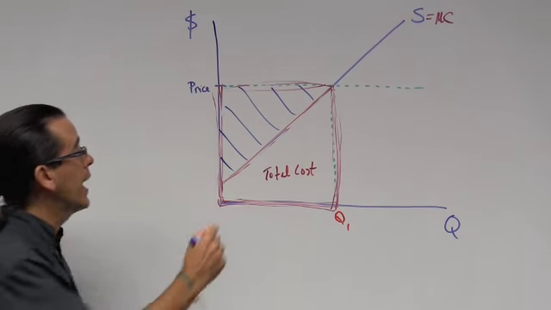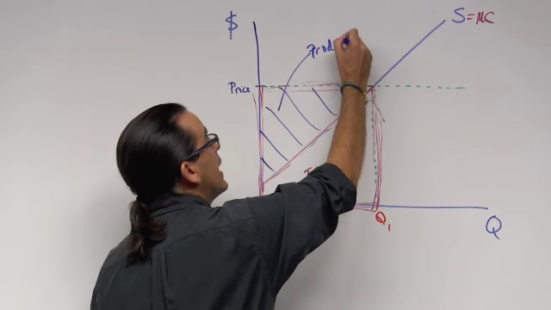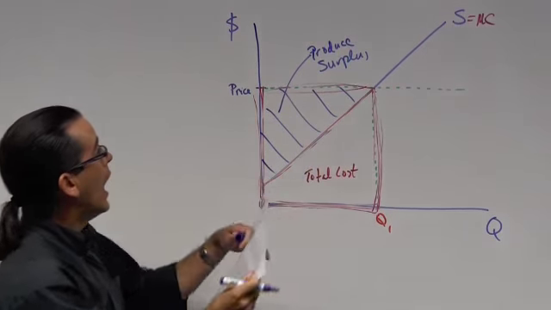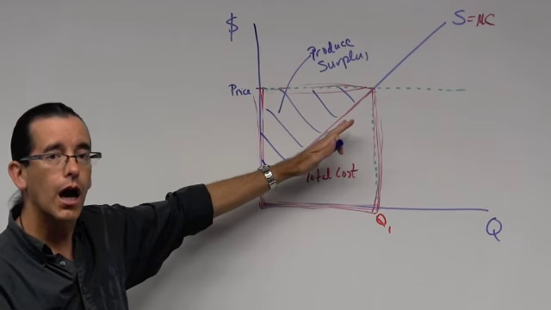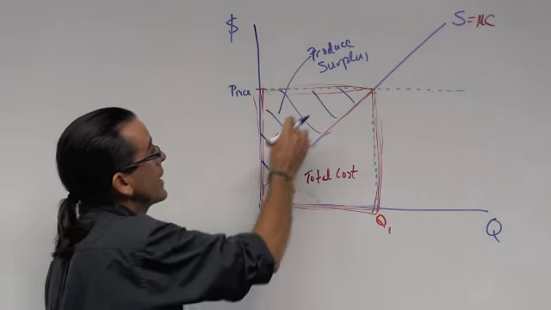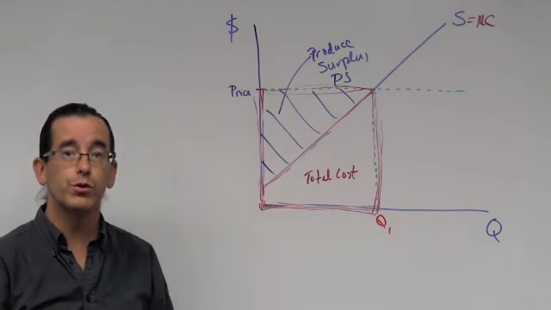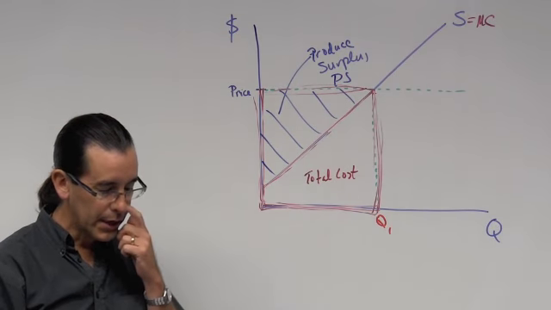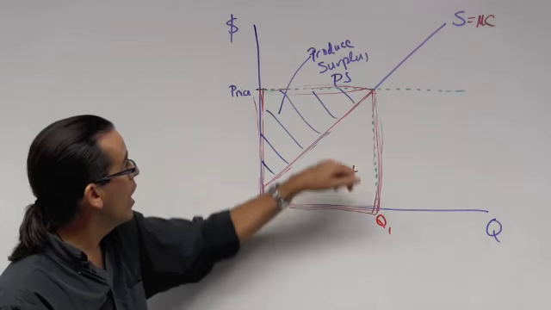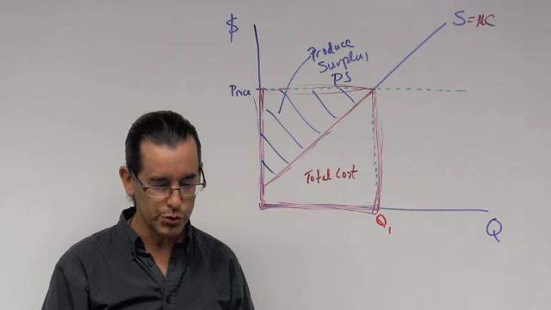But in this exercise, we're going to talk about the area under the price, above the supply curve, and bounded by the vertical axis. That's going to be the producer surplus. So we have total revenue, total cost, and we're going to call this remaining area the producer surplus.